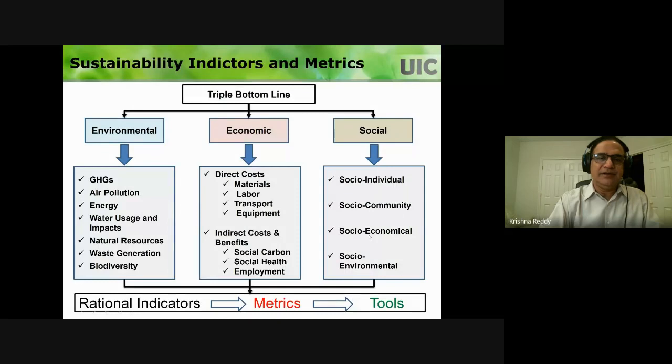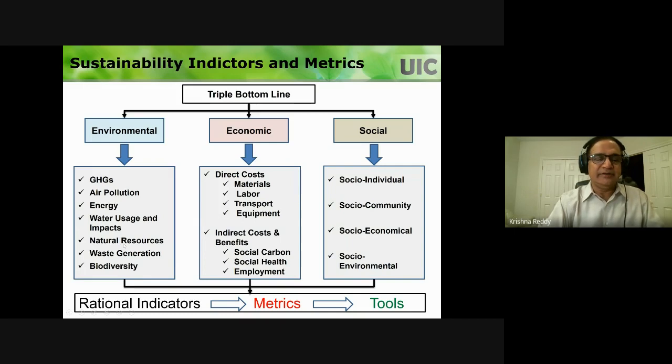So again, sustainability is all about the triple bottom line framework. The environmental, typically, I'm just showing as examples. So look, environmental indicators could be greenhouse gases, air pollution, energy used. A lot of people look at energy and greenhouse gases, carbon footprint. And we need to look at water usage, natural resources, waste generation, biodiversity.